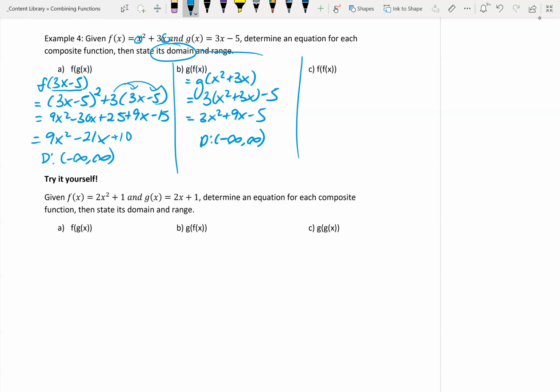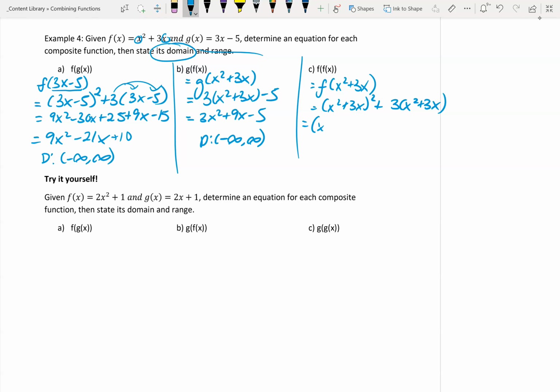Lastly, for f of x is x squared plus 3x, and then we're going to plug x squared plus 3x into x squared plus 3x. So that's x squared plus 3x to the power of 2 plus 3 times x squared plus 3x. We're going to simplify this.